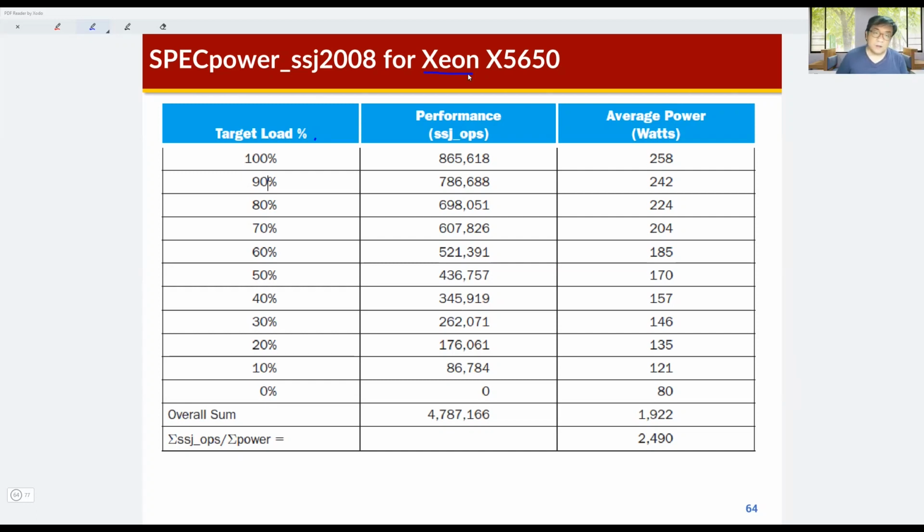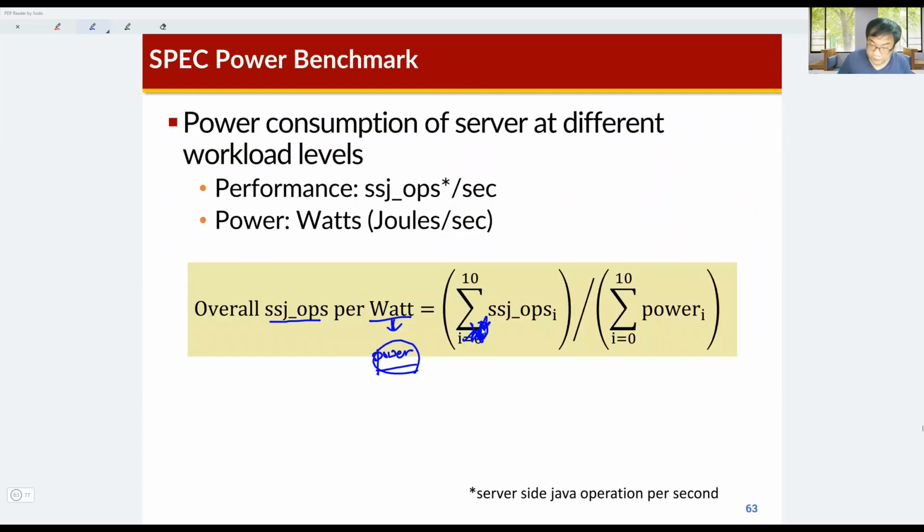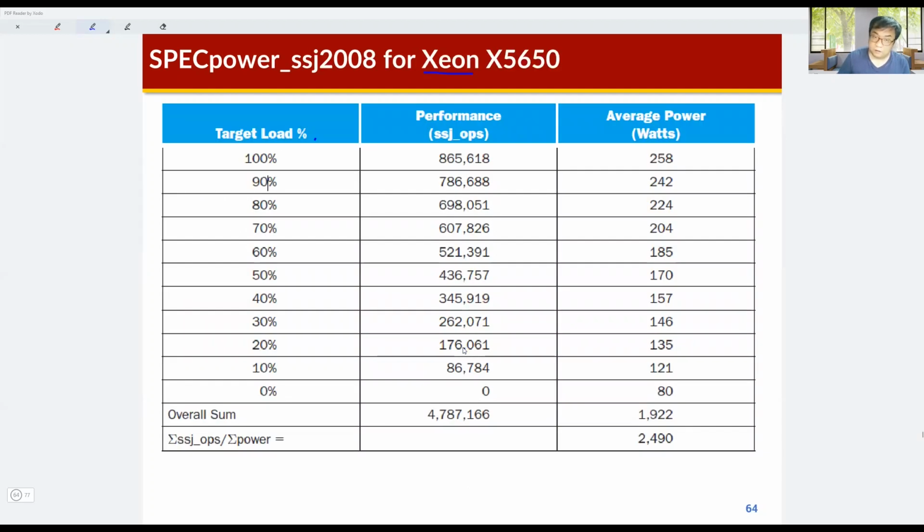This number i from 0 to 10 represents the target load on the server system, like 0%, 10%, 20%. Then this is the performance value, like ssj_ops.